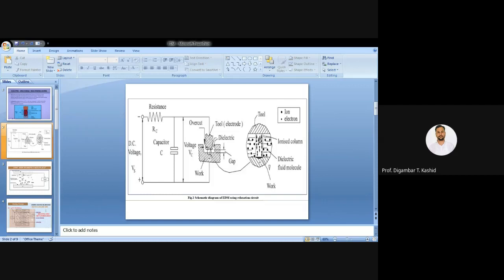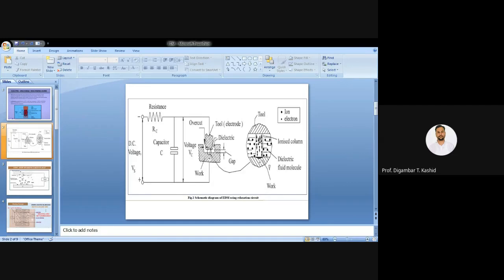I have shown the undulation here also, here also. You can see, in that surface undulation, where the minimum distance is, there the sparking occurs, with the minimum resistance.